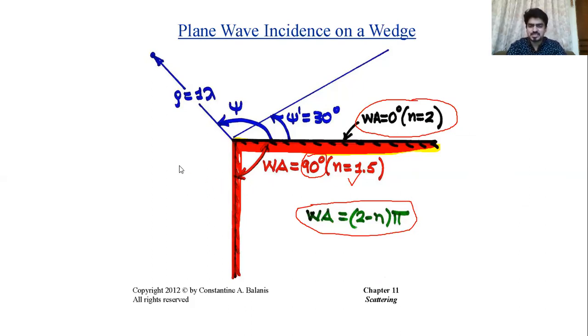We will consider these two cases, and keep in mind that we have considered psi prime equals 30 degrees for the plane of incidence. So basically your line source will be at phi prime somewhere around 30 degrees, and rho prime equals infinite, and that will create a plane wave.